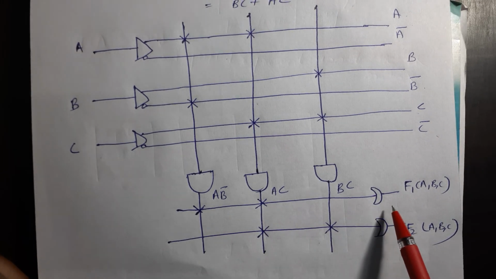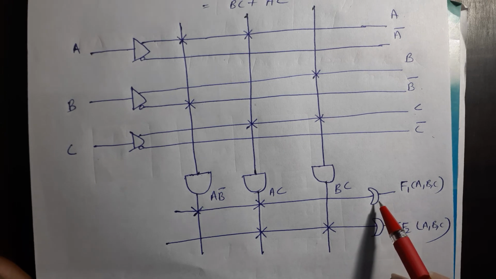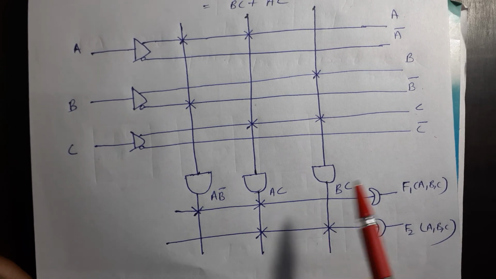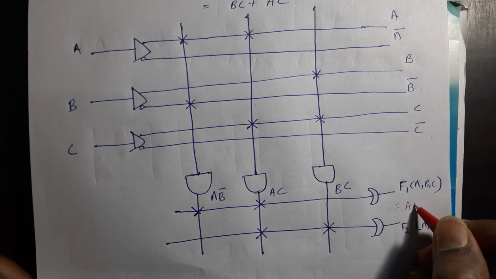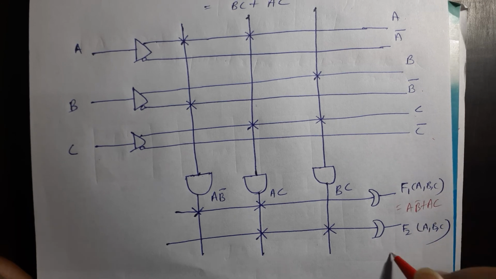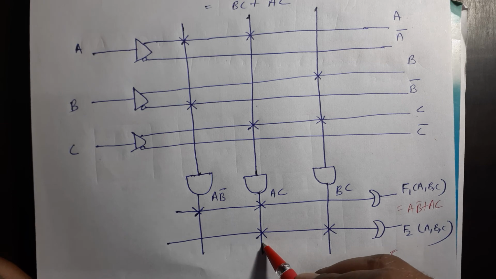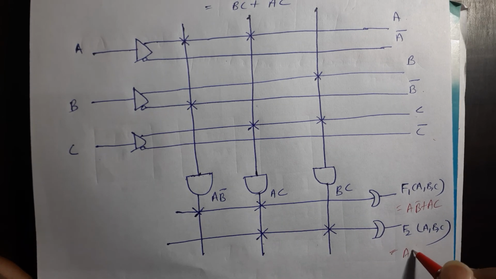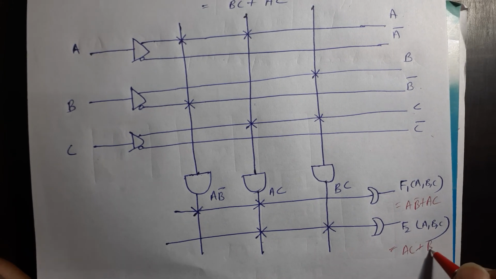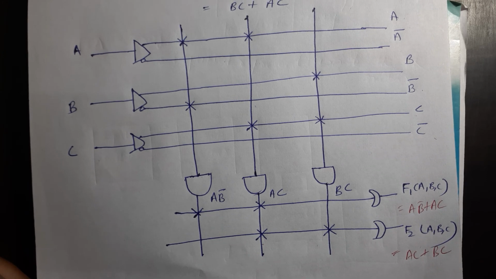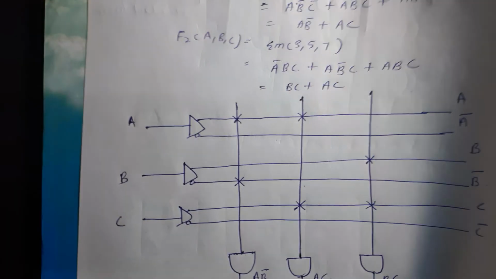So what would be the output? It has two inputs, AB bar and AC, so the output will be AB bar plus AC. Similarly here, it is connected to AC and BC. So in this way the question can be solved.